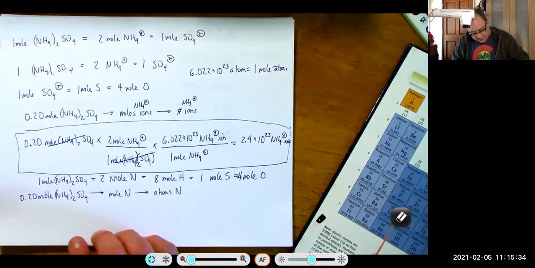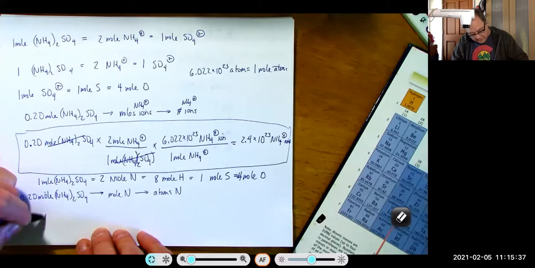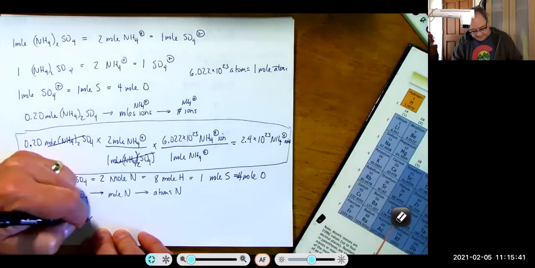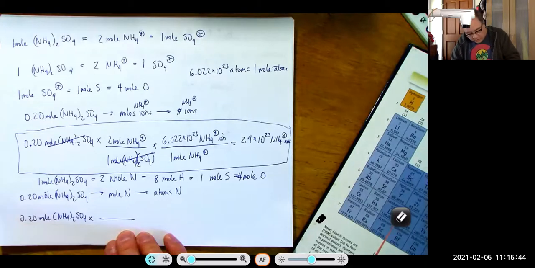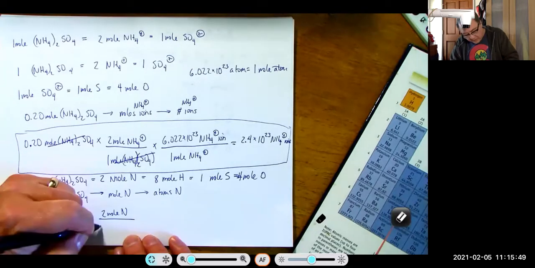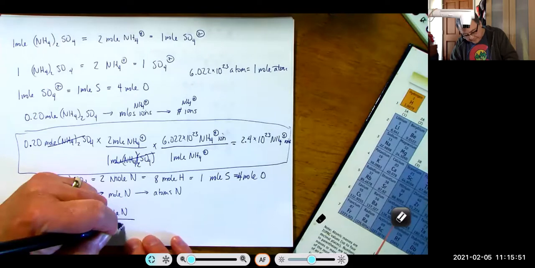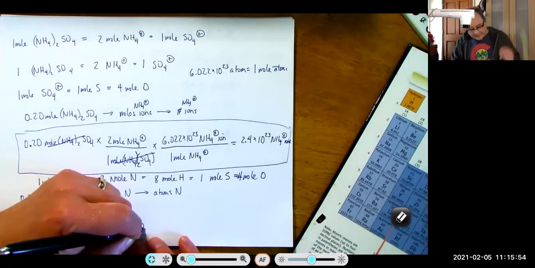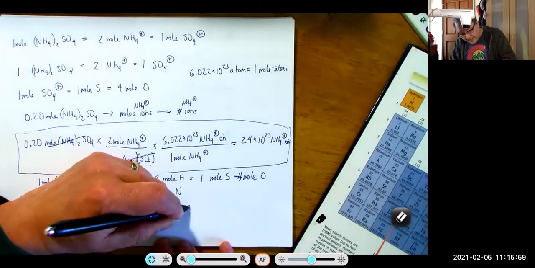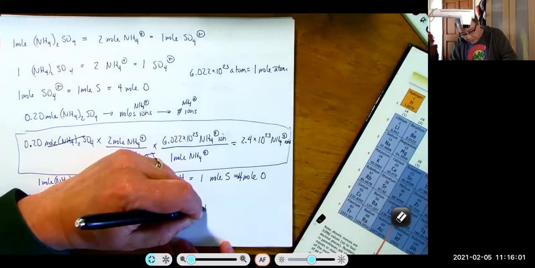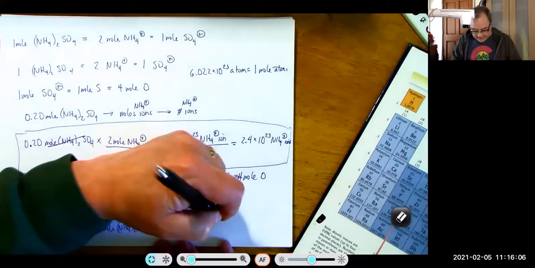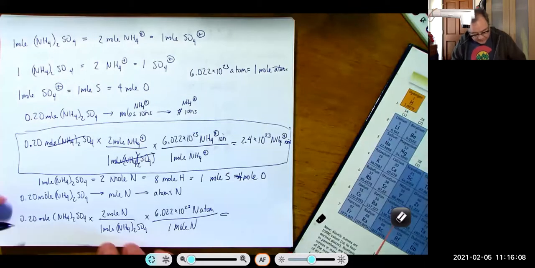I'm going to go 0.20 mole of ammonium sulfate times 2 mole of nitrogen per 1 mole of ammonium sulfate, and then times 6.022 times 10 to the 23rd N atoms per 1 mole of N. And do you know what the answer is going to be for this one?